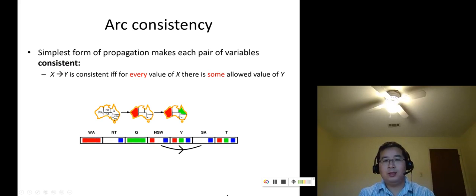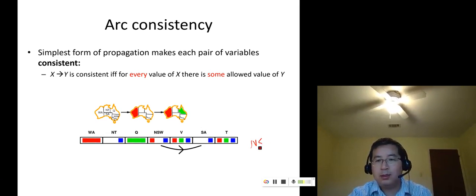Let's look at, since we said direction doesn't matter, NSW implies SA, whether there's arc consistency. If NSW chooses any value, do we have a value for SA? For red, there's no problem. NSW chooses red, because we know NSW and SA are labeling, so NSW cannot be equal to SA.